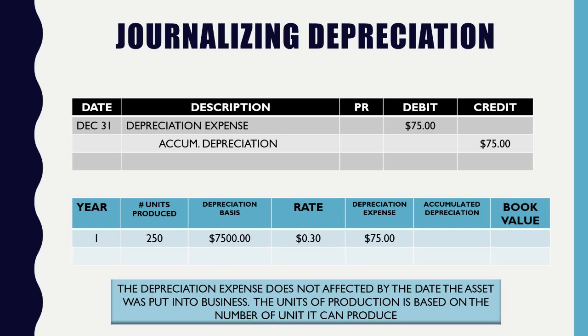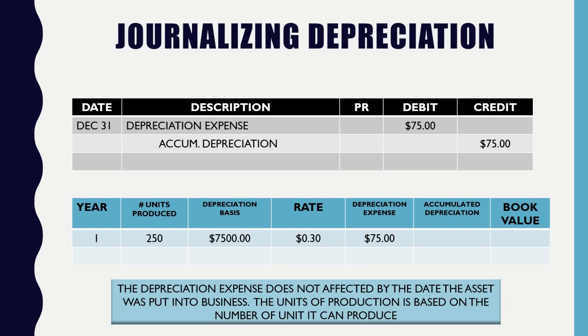We're focusing on capacity. So if in year 1 you only recorded 250 units, and it has a capacity of producing 25,000 units over the course of 5 years, think about it: you should be able to produce thousands of items. But in this case, my asset is only 2 months old.